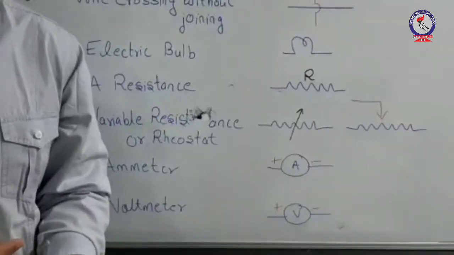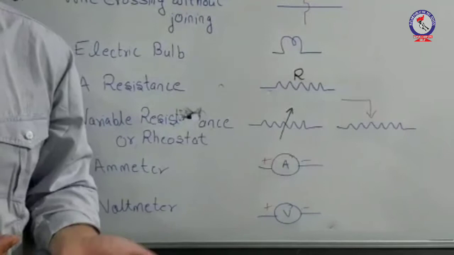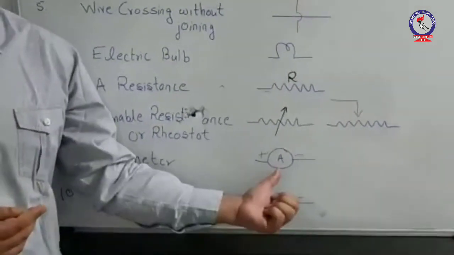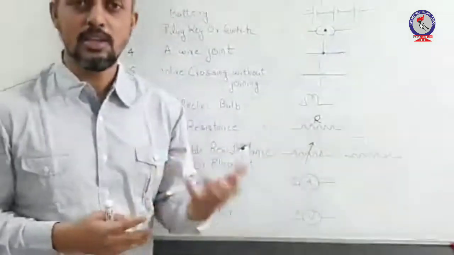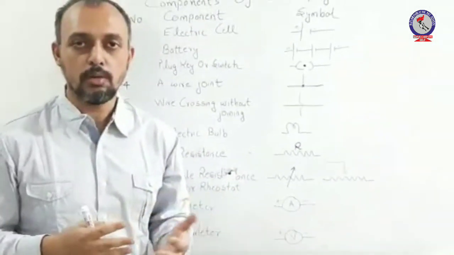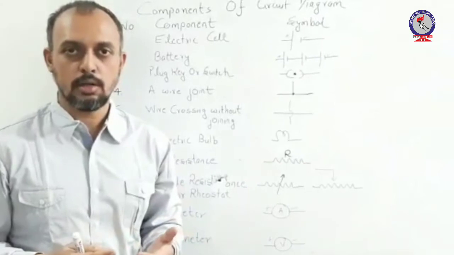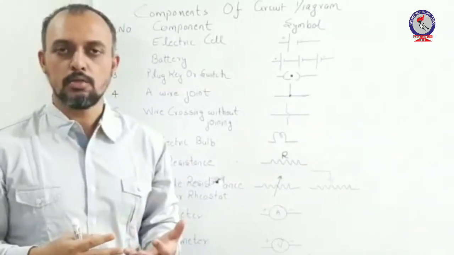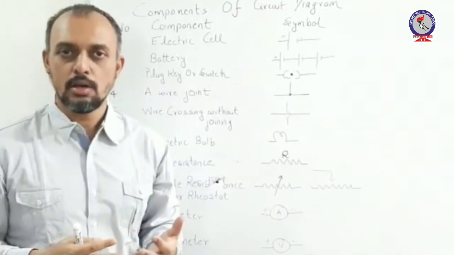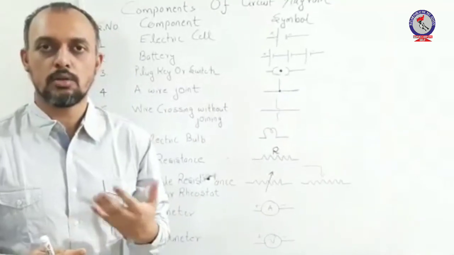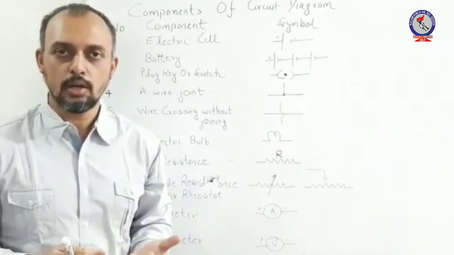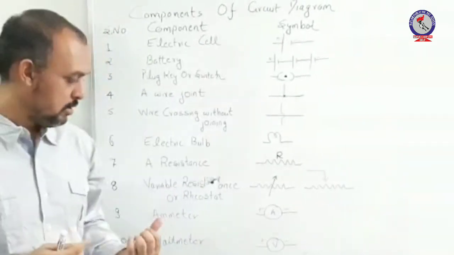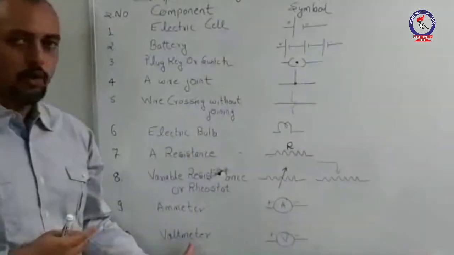So in order to measure the electric current across any instrument, you should connect an ammeter. This ammeter should always be connected in series. I am repeating this point, it is very important where to connect such elements. An ammeter is always connected in series across the device or the element in which you wish to measure electric current.